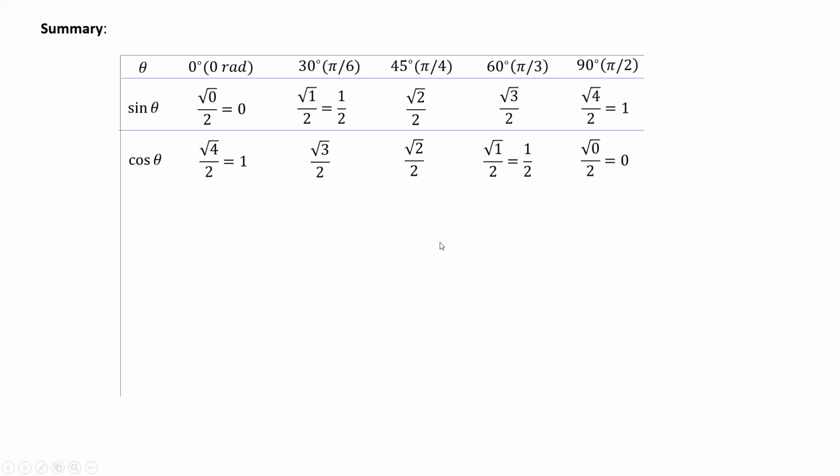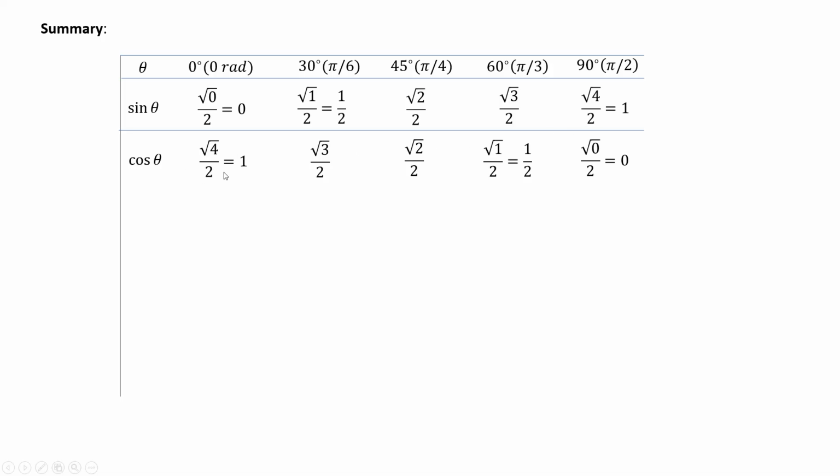We'll talk about this more formally, but basically, if you want cosine of whatever angle, say cosine of 0, think of 90 minus that angle: 90 minus 0 is 90. Then ask what is sine of 90? Sine of 90 degrees is 1.